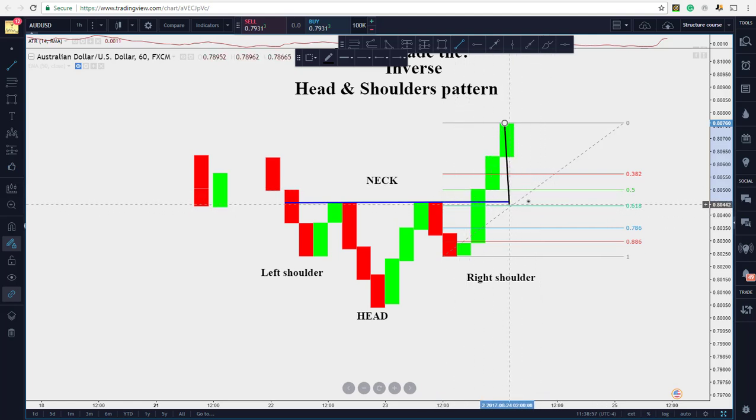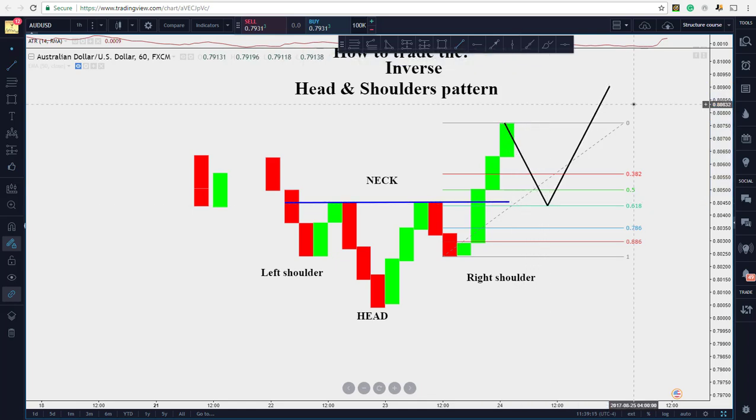And this is a way you can actually trade a head and shoulders pattern with a limit order, which can be beneficial if you have a full-time job that doesn't allow you to consistently check the charts. So in this case, we would either wait for a pullback into a Fibonacci retracement or a pullback into that neckline for our entry.